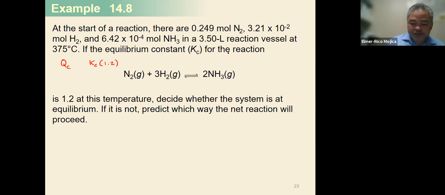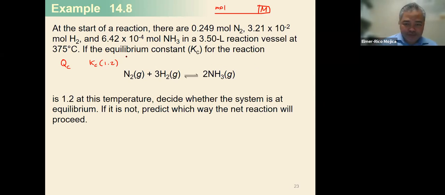Are we going to use this number that we have here as it is? Remember, you have here moles. And based on the summary that we have, you want the concentration to be expressed in molarity. So the first thing that we're going to do is maybe convert each of them.